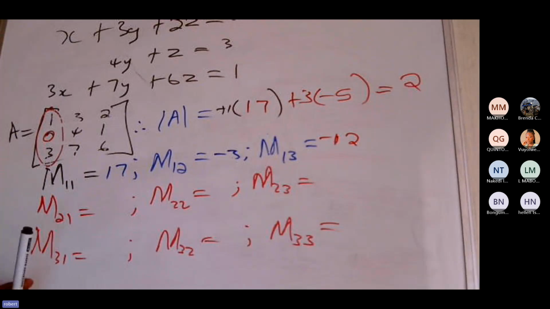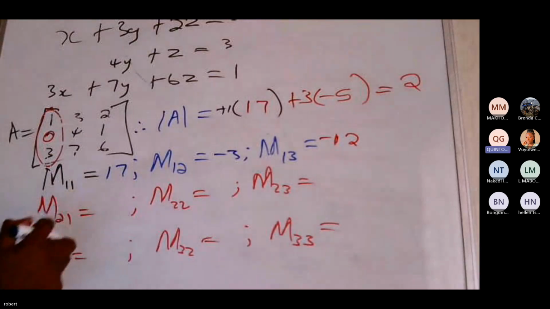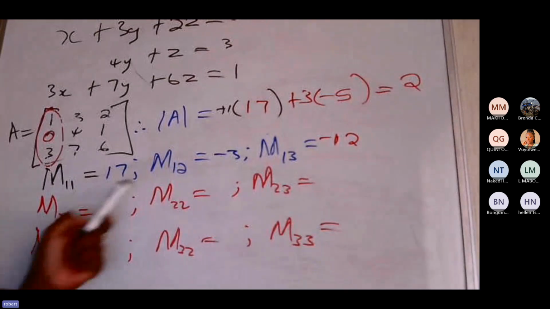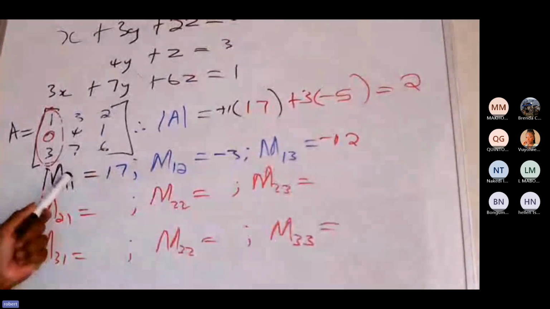We all know. I think it's 4. You say the answer is 4. 3 times 6 minus 7 times 2. Final answer? Are you still there? The others? If you cannot give us this one, then it means you are not with us here.